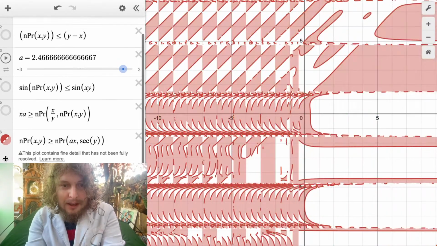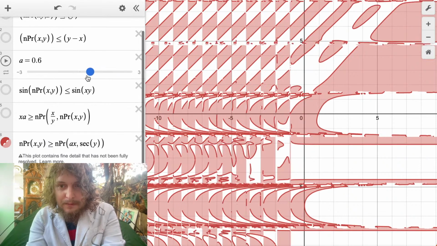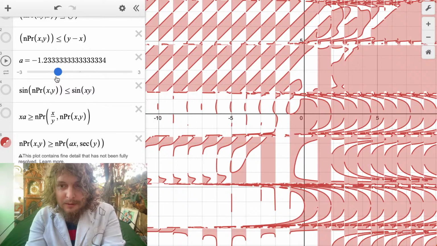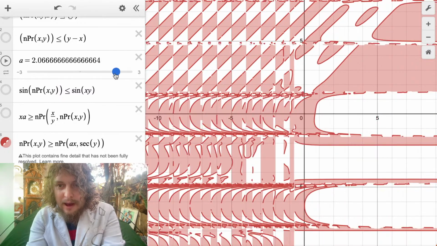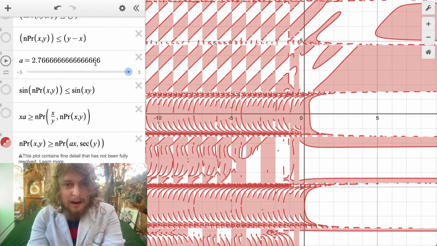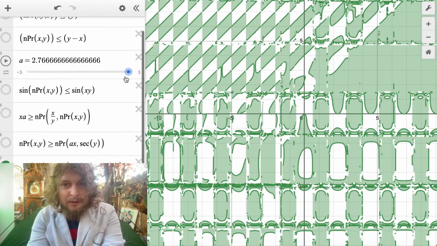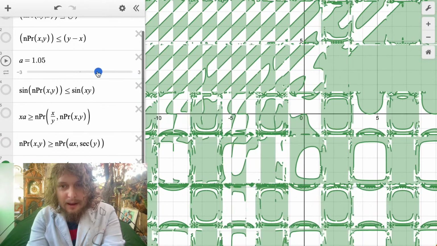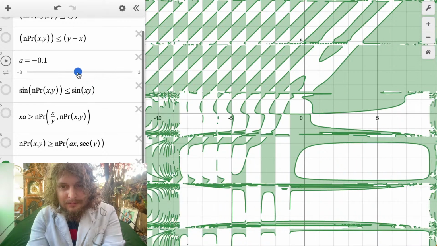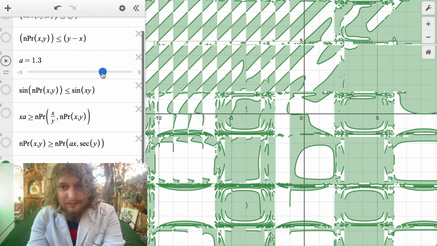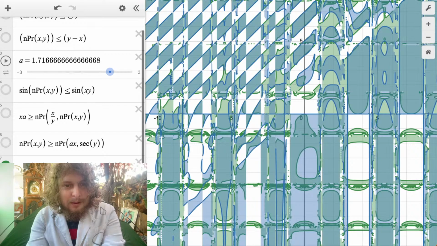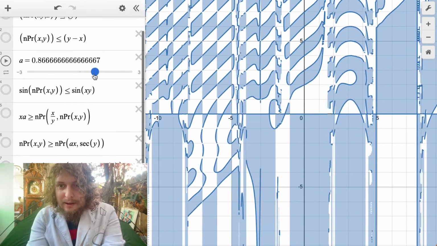And let's look at them not all at once. Let's go back to one for a moment. This one mutates sort of like that. And this one mutates sort of like that. And this one mutates sort of like that.